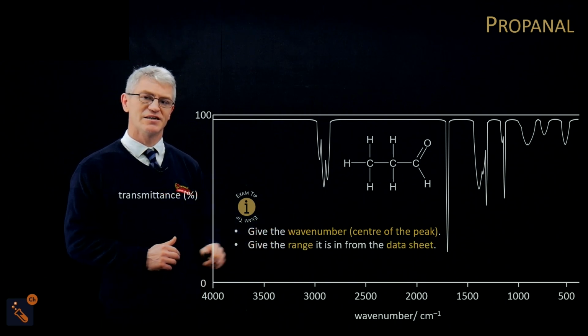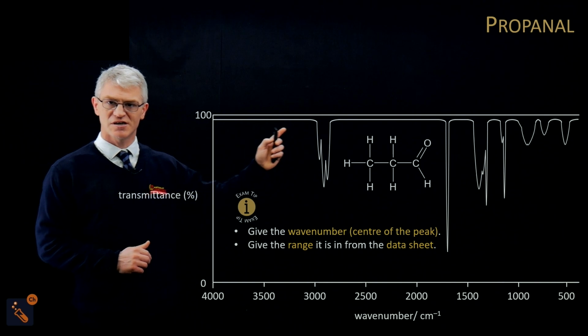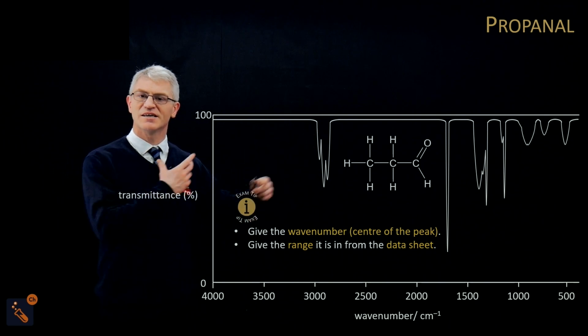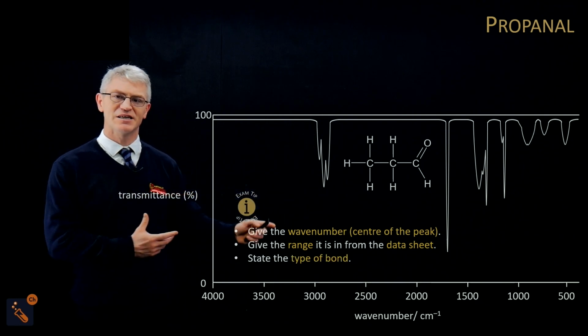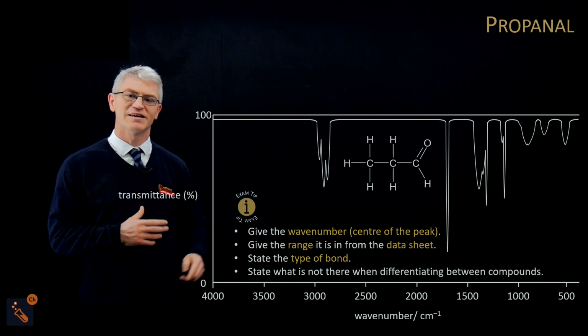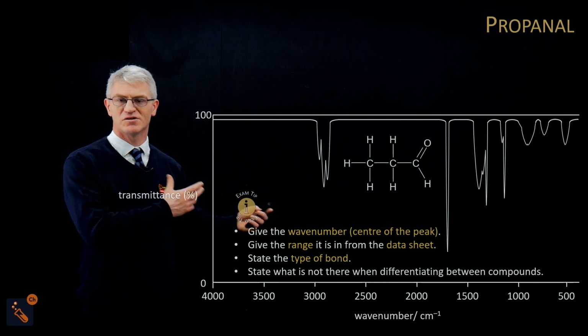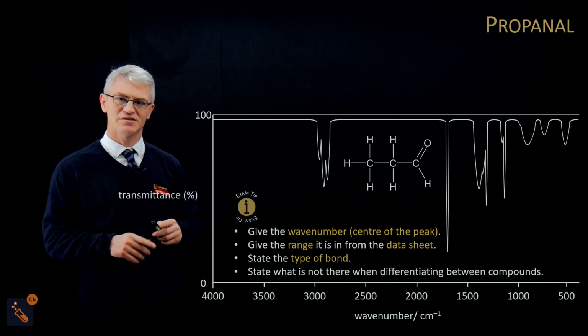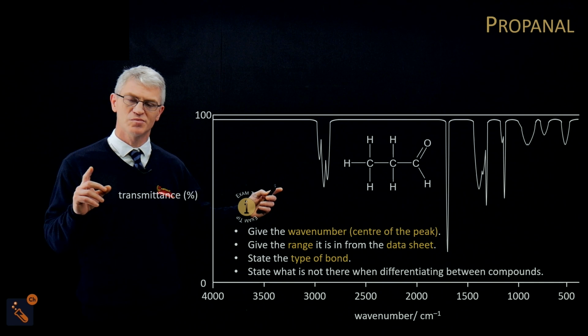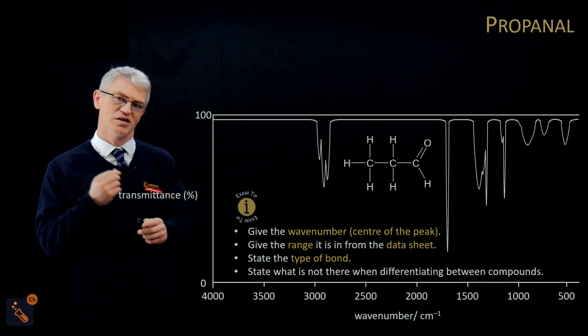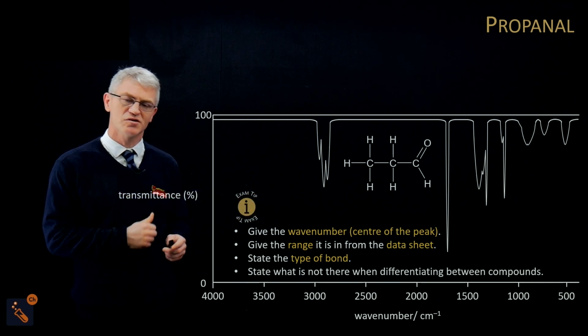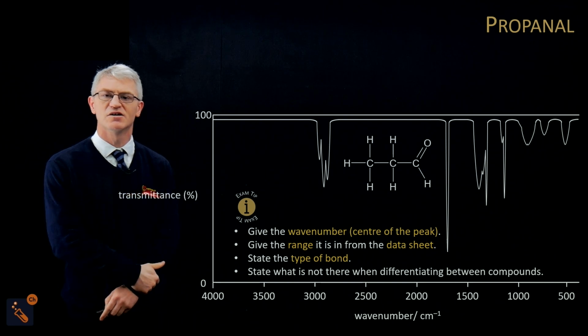Then give the range it is in from the datasheet. Look at the datasheet, see where this comes, and give that range. Then state the type of bond, and also state what is not there when you're differentiating between compounds. If the question asks which of four compounds this IR belongs to, you might have to differentiate by saying that peak's not there, so it's not this molecule. We'll go through examples of that soon.